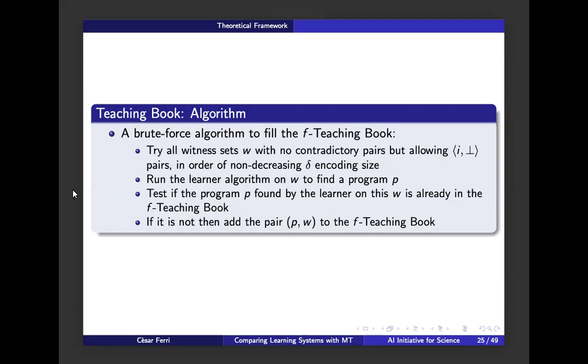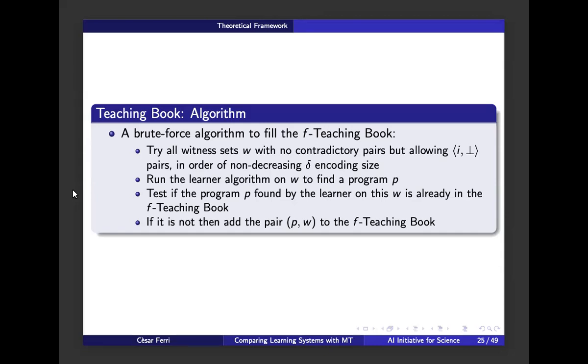And how do we generate this teaching book? Brute force. Since we have an order in programs and an order in witness sets, we try all witness sets with no contradictory pairs, but allowing the empty output, in an order of non-decreasing encoding size.